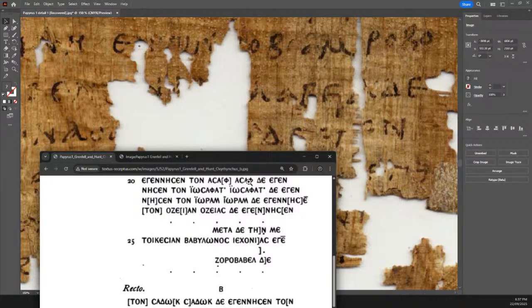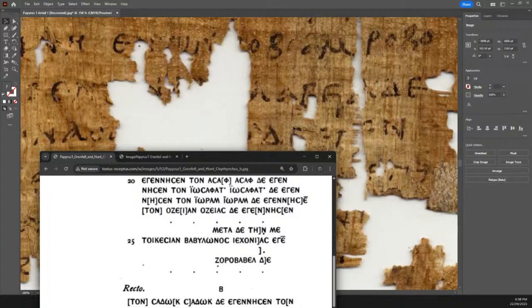But it does say Asaph was at one stage legible there. It does seem like that just says the same thing there again, where here it has it again. Okay.